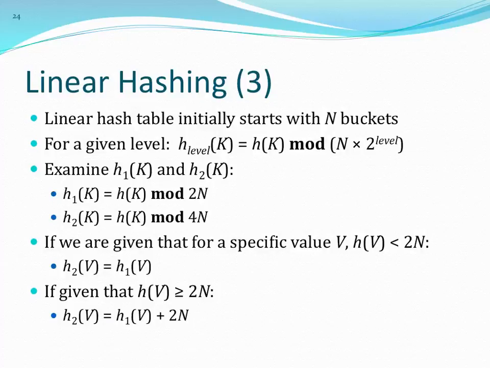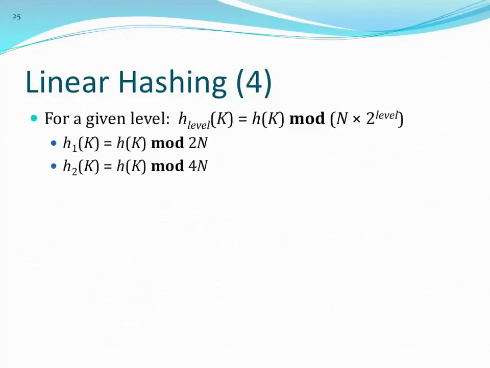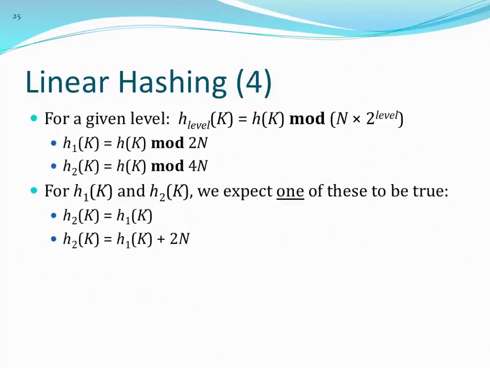So how can we take advantage of this? When we have a given level, so let's say our current level is 1, and we have h1 of k and h2 of k, then one of these two things is going to be true. It's not at least, it's exactly, right? Exactly h2 of k is going to be h1 of k, or it's going to be h1 of k plus 2n.